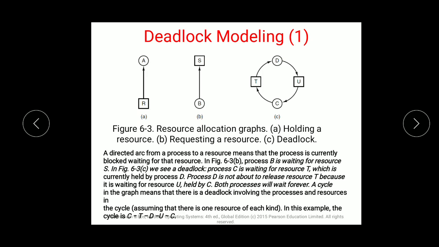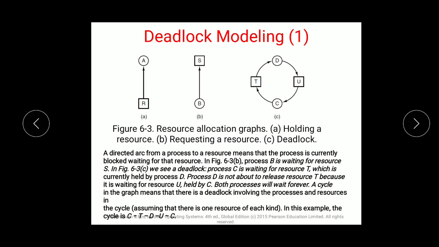So what are the deadlock models? The first one is the resource allocation graph: holding a resource, requesting a resource, and deadlock. Here there is only a game of arrows. The first one is holding a resource: R is holding resource A, because there is an arrow from the circle A, a resource, towards R, which is the process holding it.